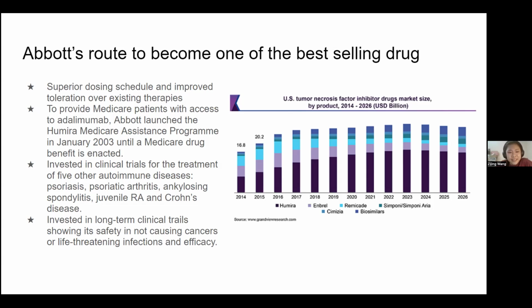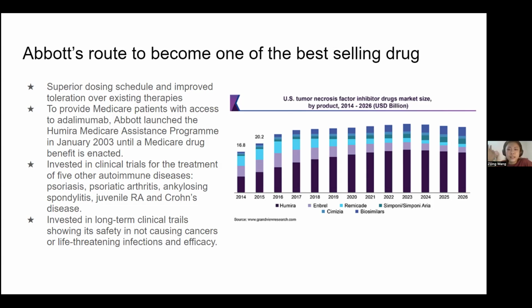They invested in clinical trials for a wide variety of diseases, because the TNF alpha pathway can affect lots of different autoimmune diseases. So they invested in clinical trials that examine Humira's effectiveness in other autoimmune diseases.